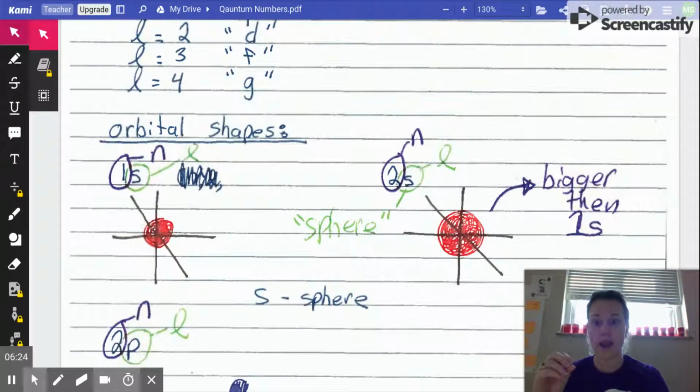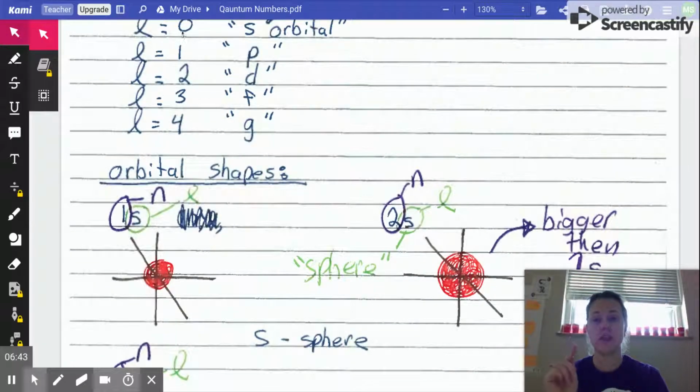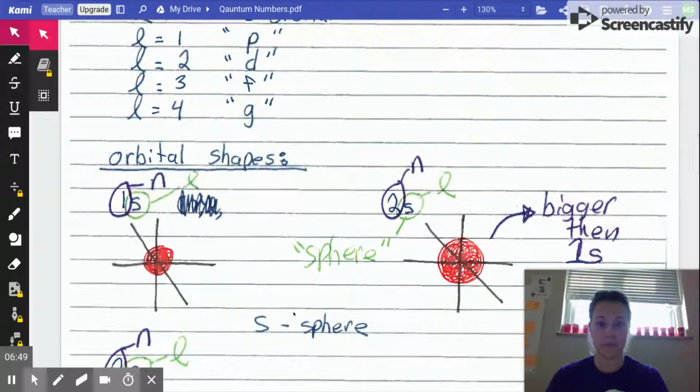So this is 1s. Now, n equals 2 can also have an s orbital, and 2s is actually a much bigger sphere than the 1s. So the important thing to remember is that when L equals 0, it's an s orbital and it has a sphere shape, S for sphere.